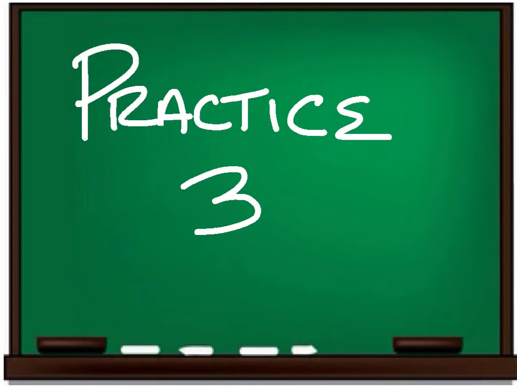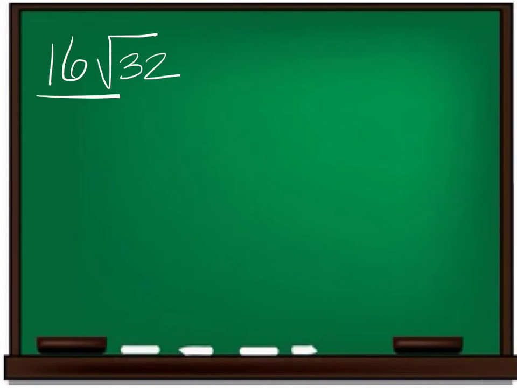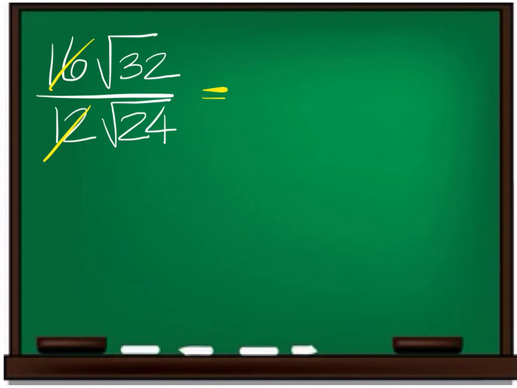Try this one. Bring it up. On the practice, this and this can cancel by 4, so you have 4 over 3.